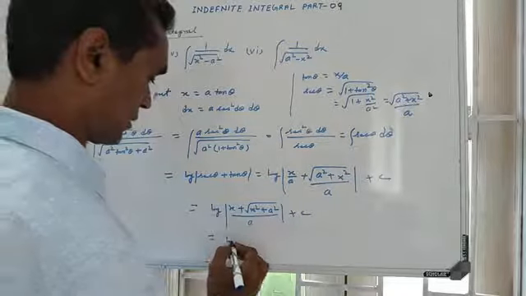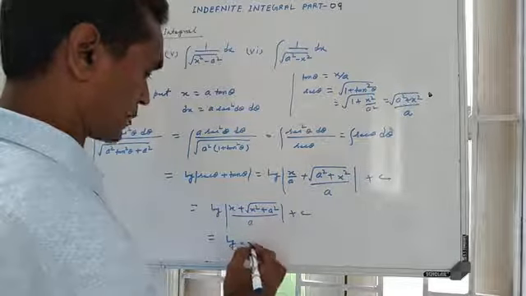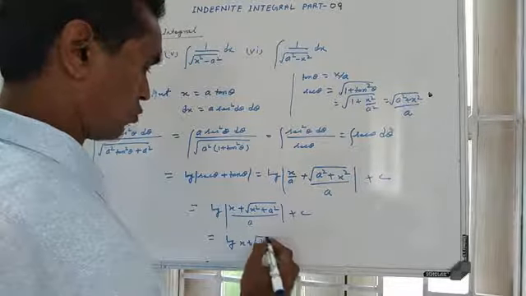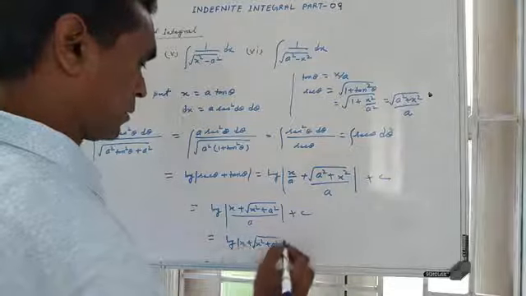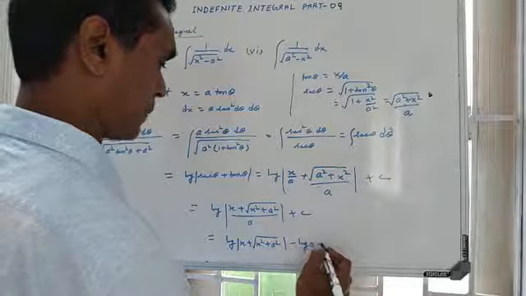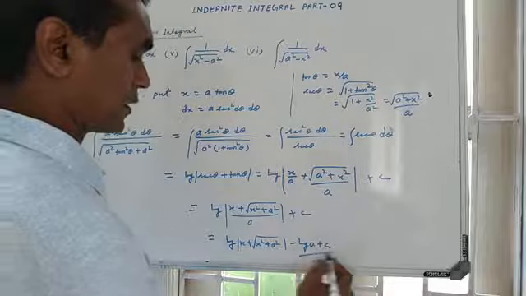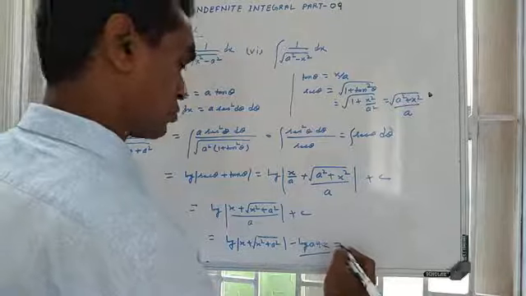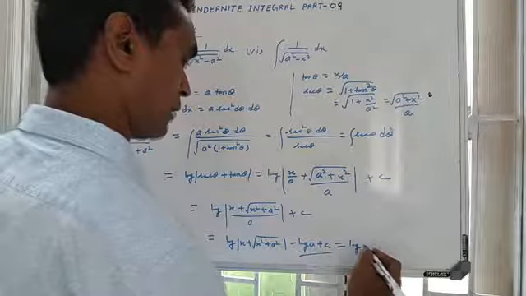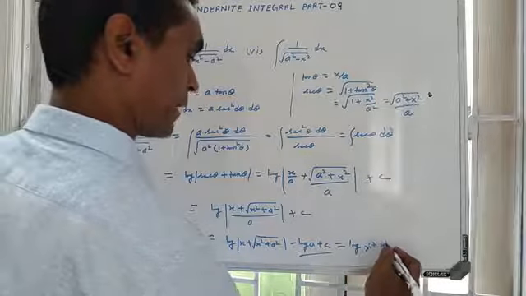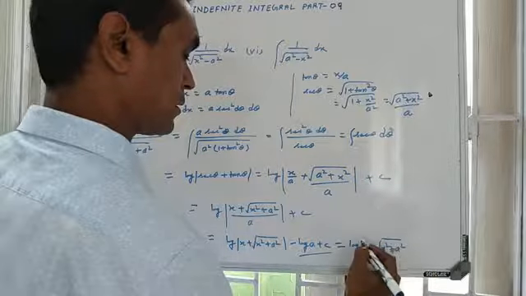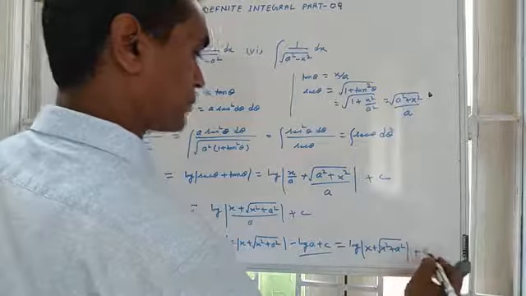So this will become log of x plus root of x square plus a square, and minus log a plus c. This will give you another constant. So your formula will become log of x plus root of x square plus a square, plus c.